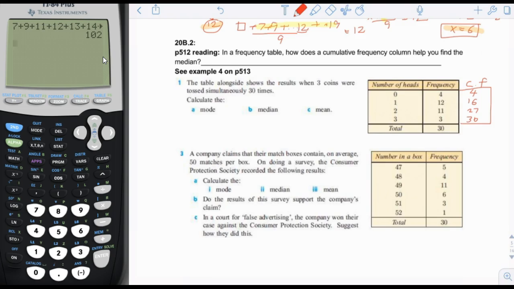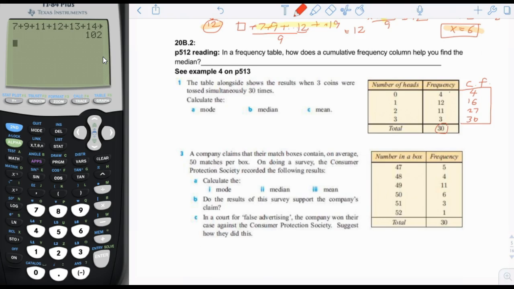So how does this column help you find the median? Well, think about what the median is. The median is the middle number. And the first thing you do when you figure out what the middle number is, you need to find out how many elements there are total, okay? And so we already know the number of elements total, and then we need to say, okay, but where is the middle number, which in this case is between the 15th and the 16th number? Where is the 15th and the 16th number?